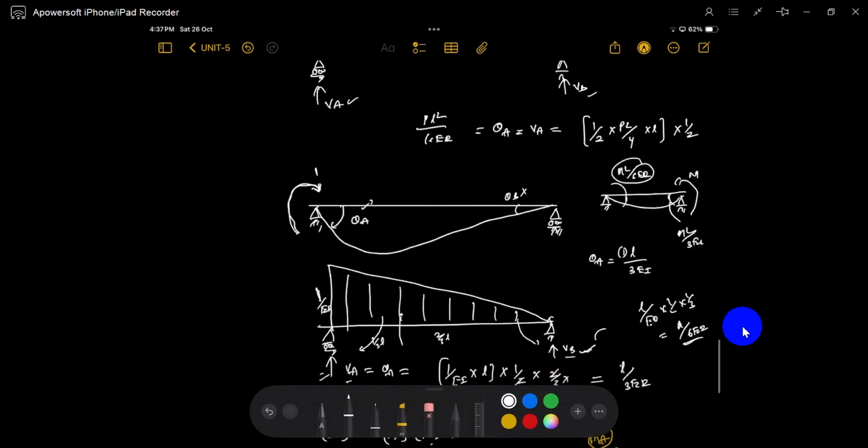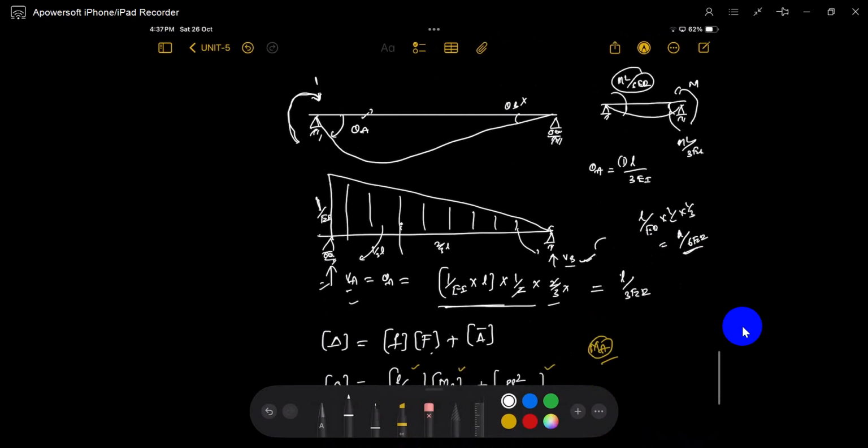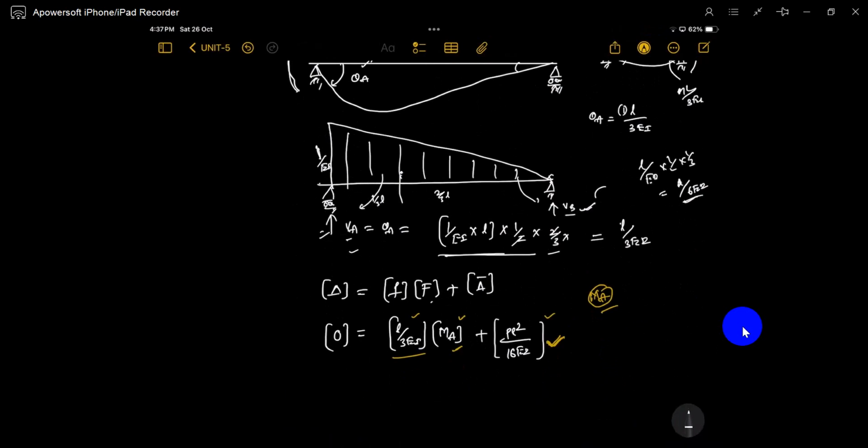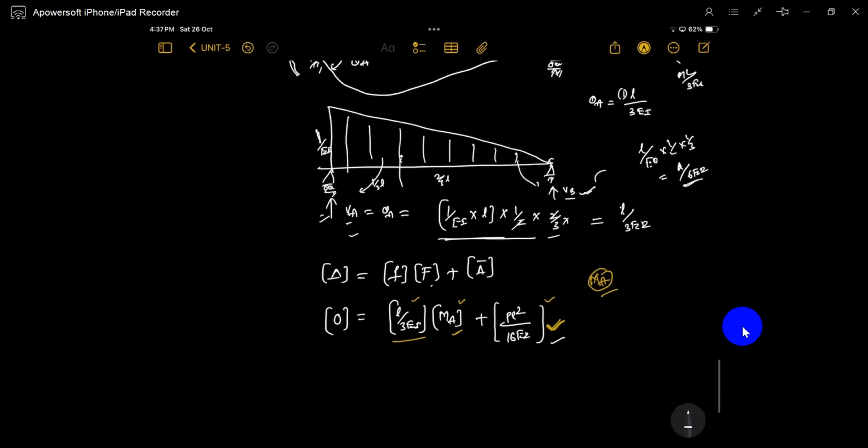Just a single small derivation. What is the meaning? Per unit moment, this much amount of rotation will occur. How much moment is generated such that the final rotation will be equal to this amount, and we prevent that deflection?